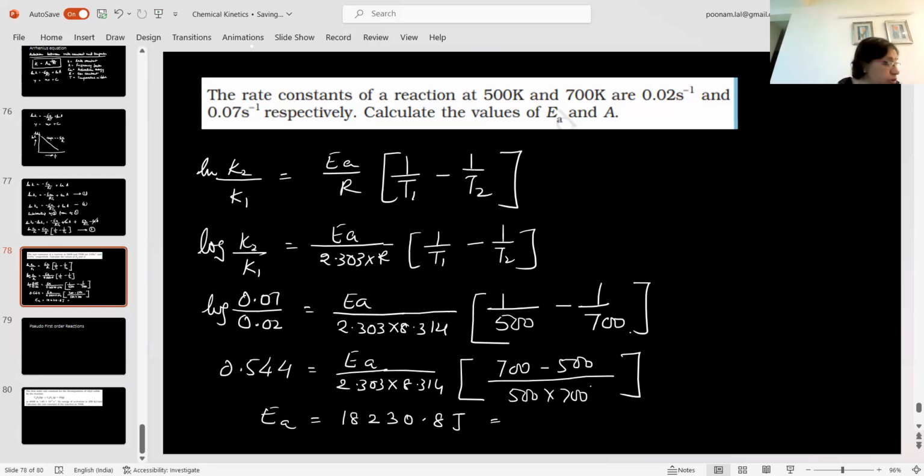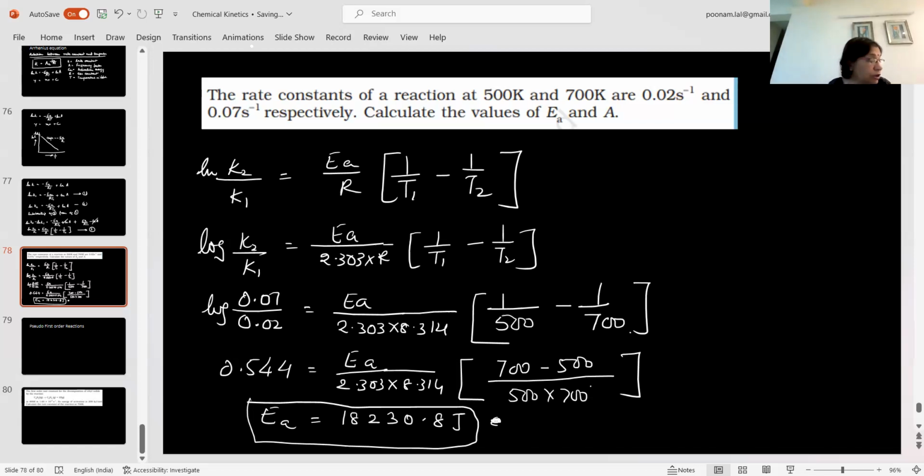You can do it in joules itself because the value of R will remain in joules. So you can use this value. This is the answer for EA, activation energy, right? And such questions do come in the exam. This sort of calculations you will have to do in order to get it.